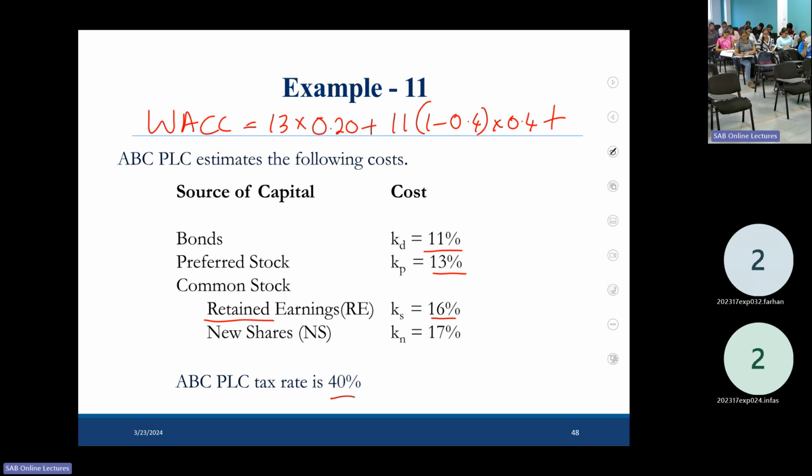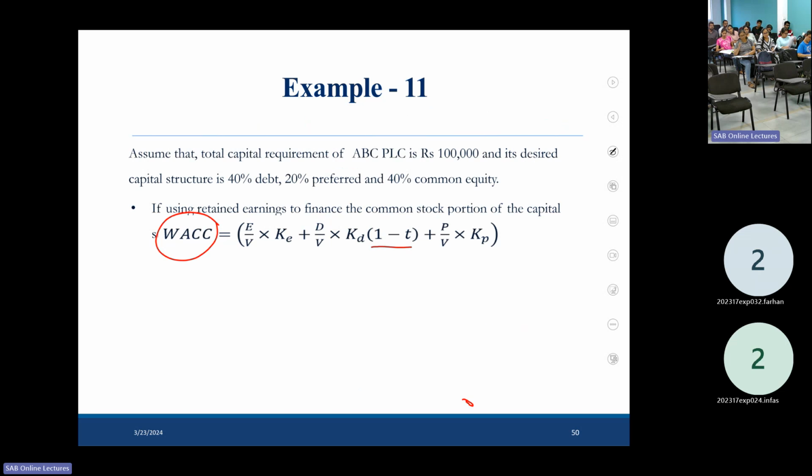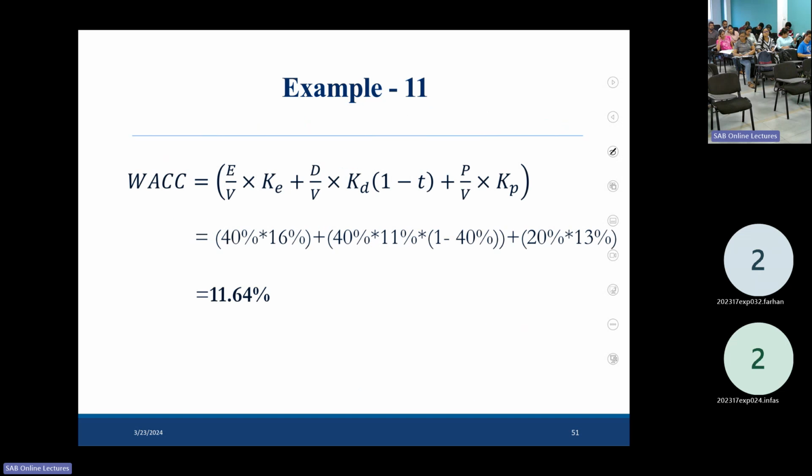First you have to use the retained earnings first. So retained earnings cost is 16% into its weight. So this is the weighted average cost of capital. For the ABC PLC, the weighted average cost of capital, or the cost of capital, is 11.64. Yes. This is the weighted average cost of capital.